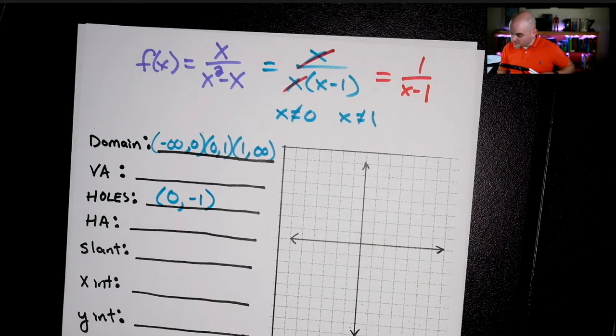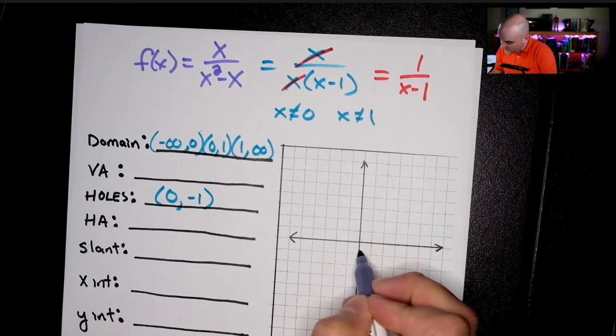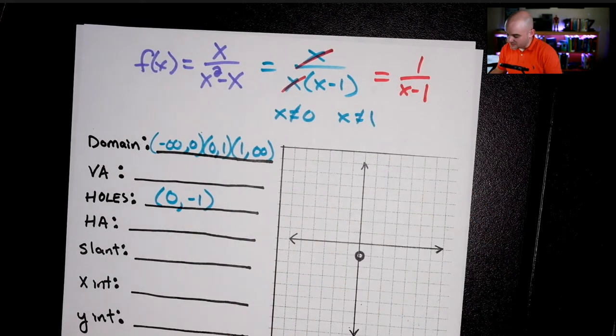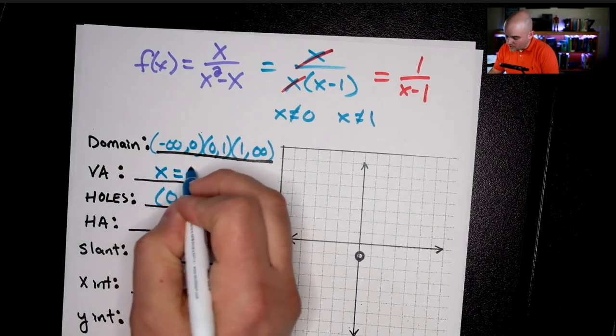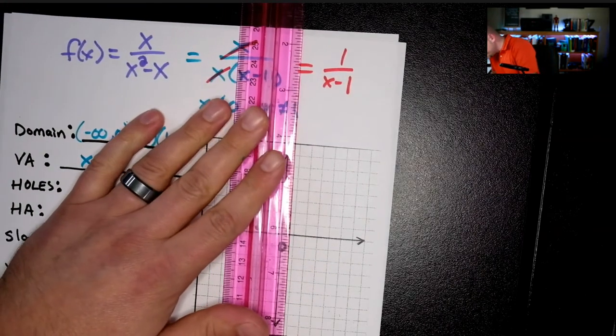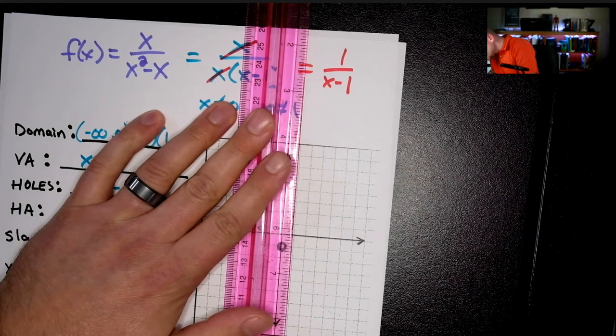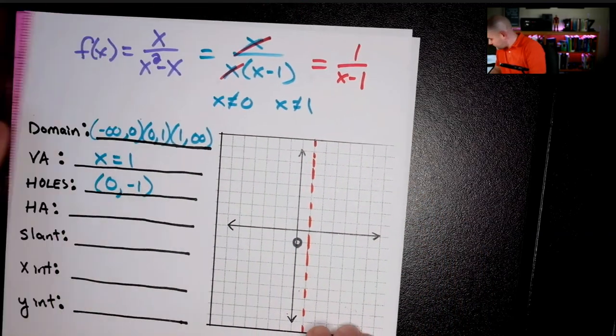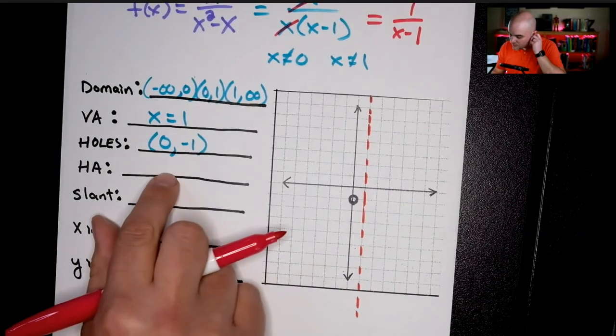Let's graph that so we don't forget. 0, negative 1, hole right there. The vertical asymptote happens where the spot is that it doesn't cancel, at x equals 1. Let's draw that so we don't forget. Vertical asymptote at x equals 1. There's a horizontal asymptote.